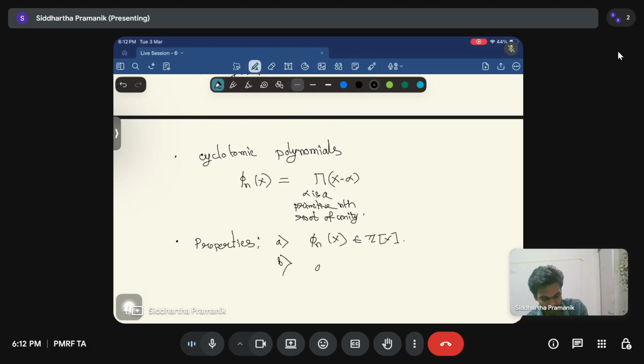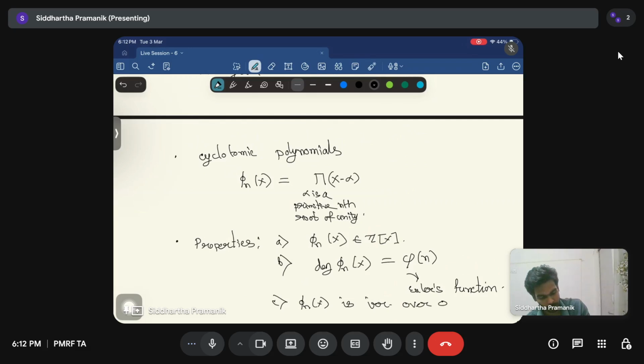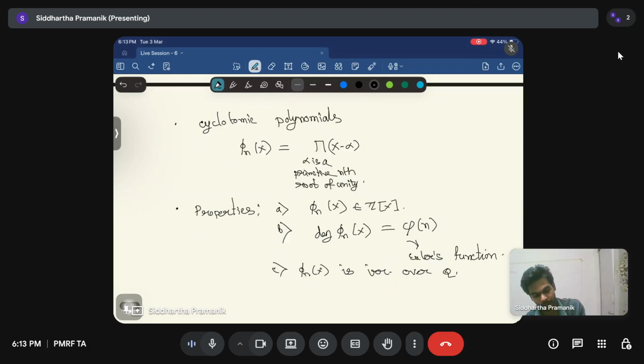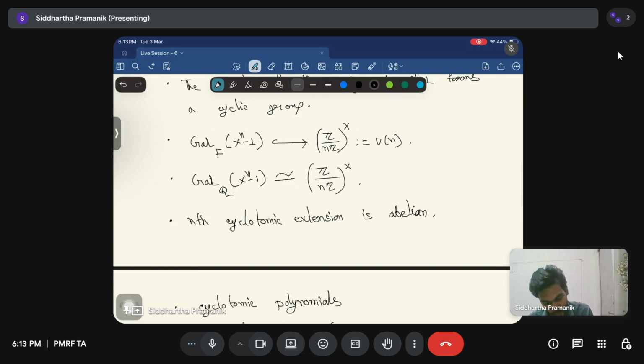Second, its degree is basically the Euler phi function, Euler's function, and also this polynomial is irreducible over Q. We have seen these properties, and I also forgot to mention one thing.